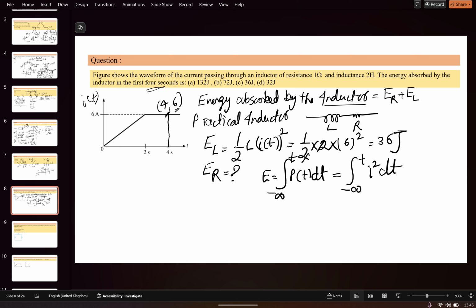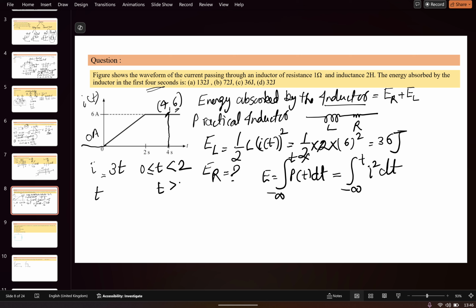For the first 4 seconds, before 0, it is 0 amps. So what about the value of current? If you see this equation, I is equal to 3t for time between 0 and 2 seconds. What about greater than 2?